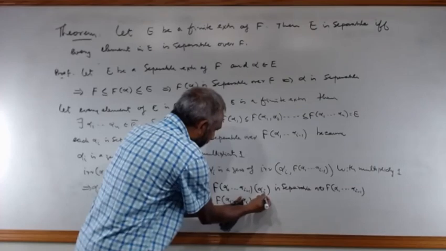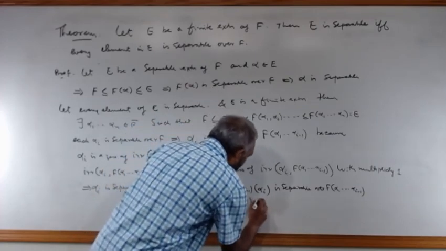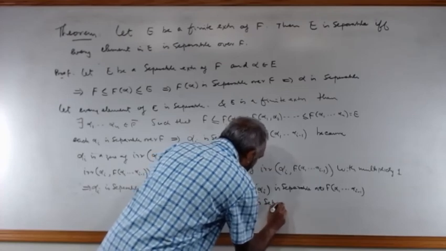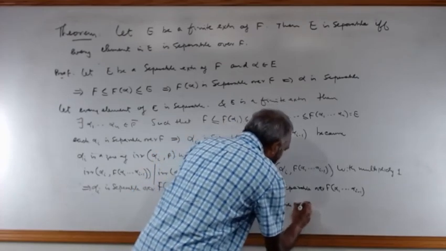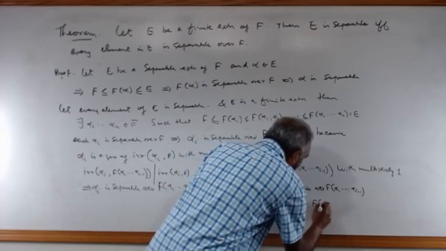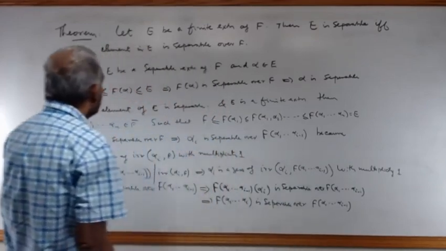You are joining alpha i to this field, and it is separable over F(alpha 1, ..., alpha i-1).